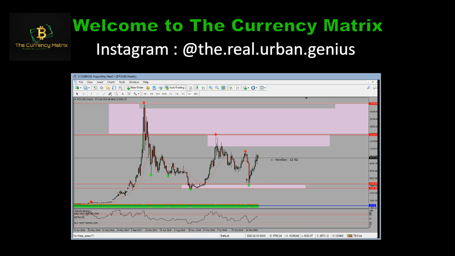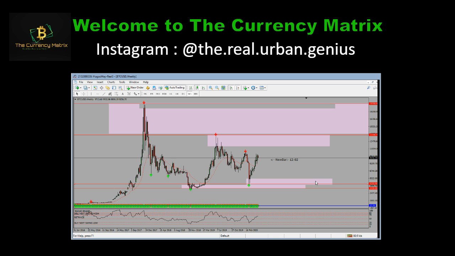Same thing here, wick to the body. So in essence, now we have a good zone in here. Gotta move that back. 4250.